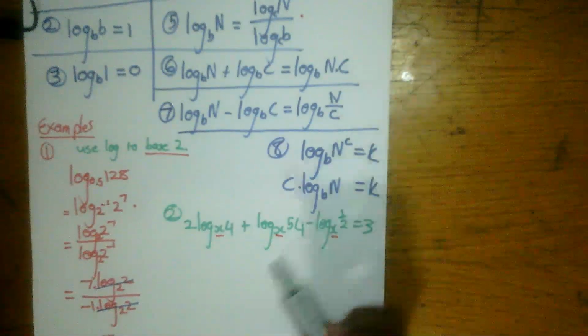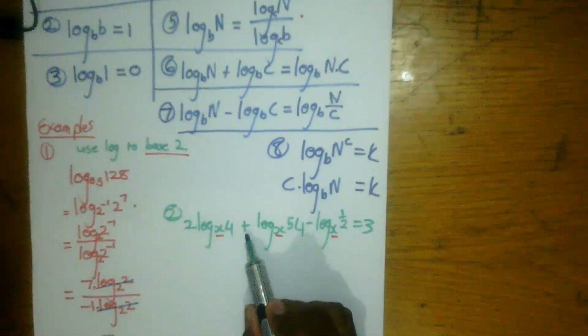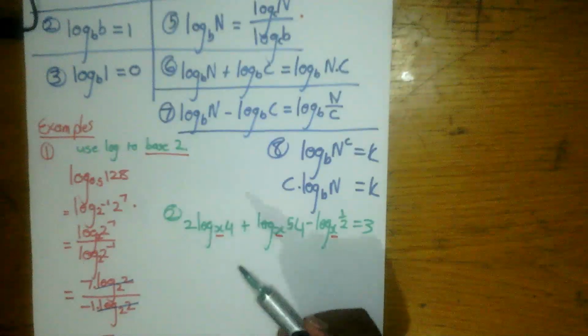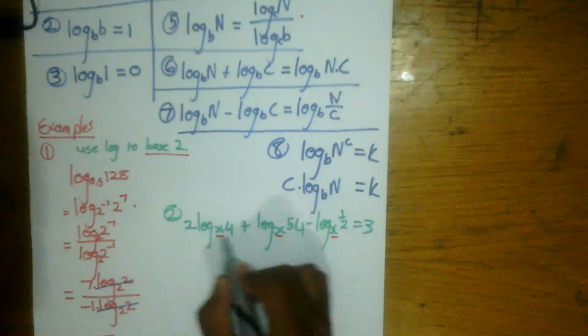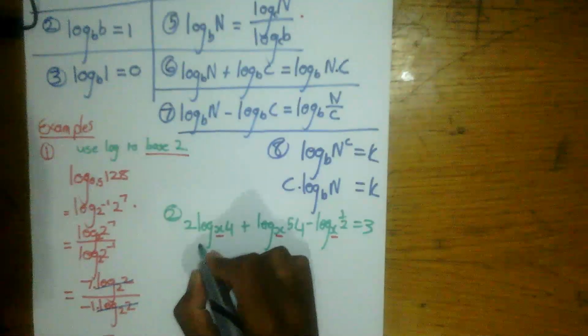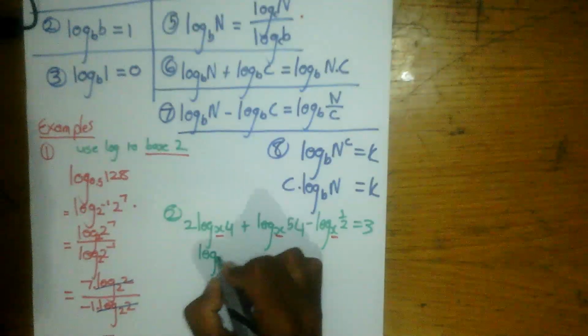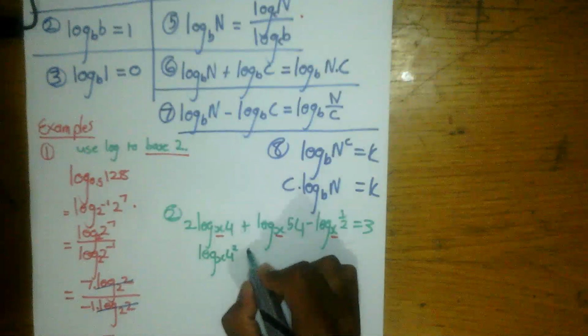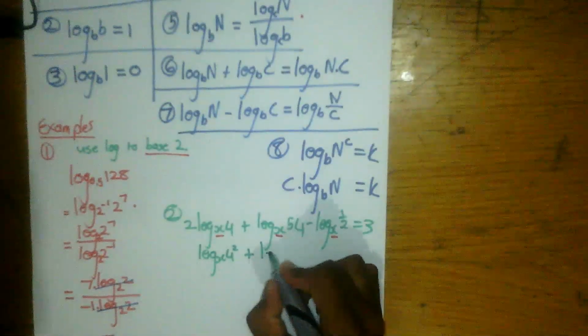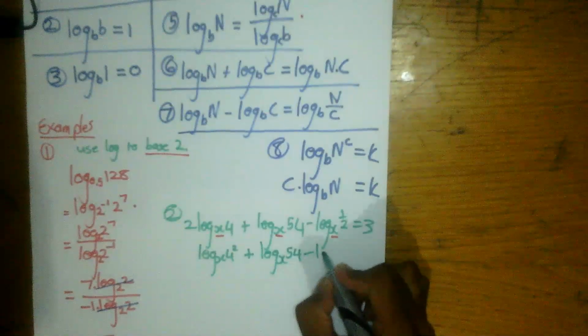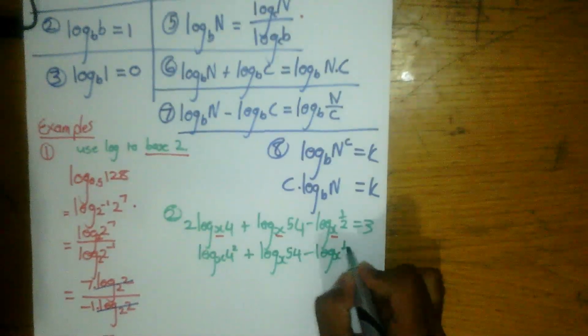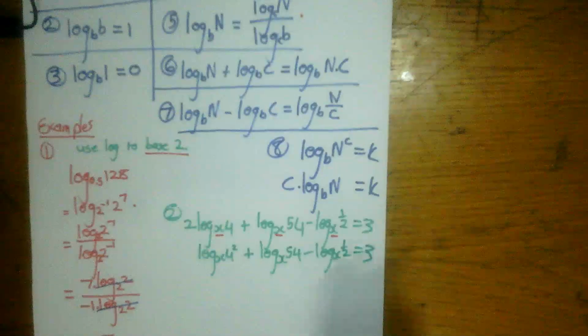It's a combination because you see there's a minus there and a positive there and a positive here. But first we have to simplify this one over here: log x 4 squared plus log x 54 minus log x 1/2 equals 3.